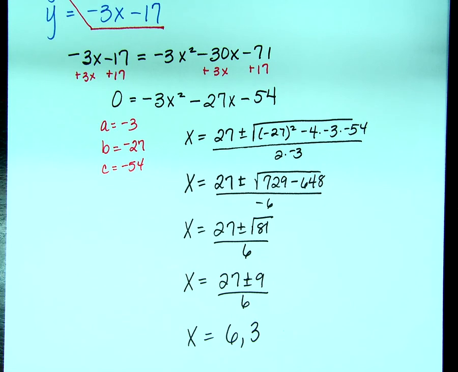So what did we just figure out? Is this the point of intersection? No, it's not. Those are x's, right? So what did I just figure out? So how many points of intersection do we have? 2, right? We got 2 x values.